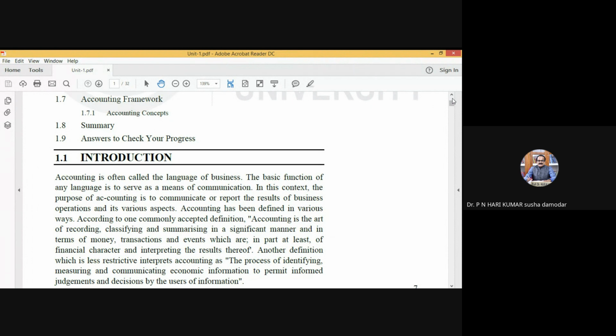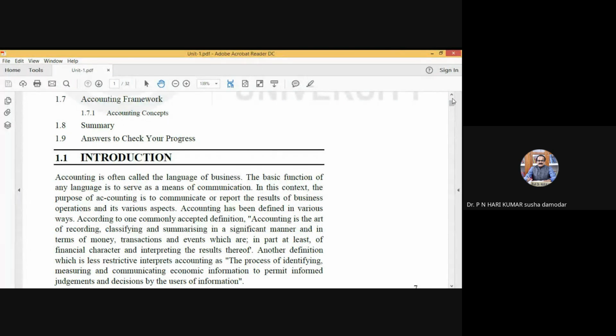One definition is commonly accepted everywhere: Accounting is the art of recording, classifying, summarizing in a significant manner and in terms of money, transactions and events which are, in part at least, of a financial character, and interpreting the result thereof. This is the main definition of the term accounting.